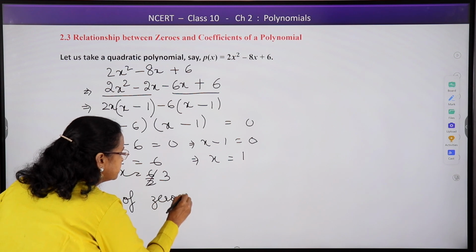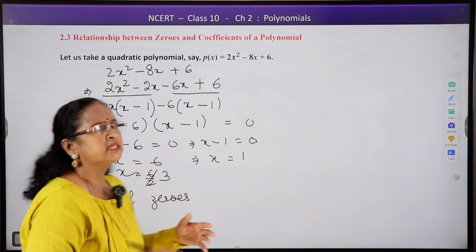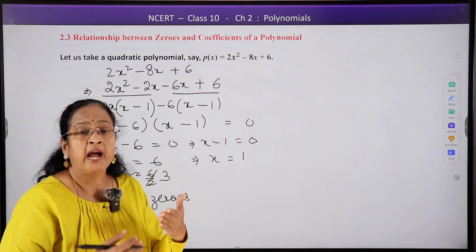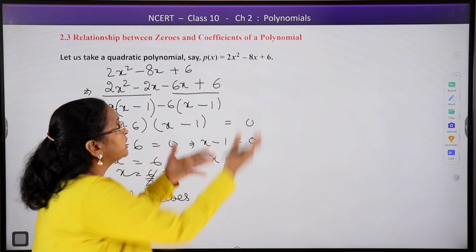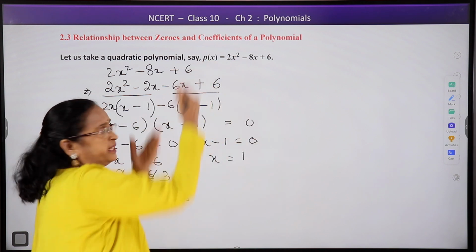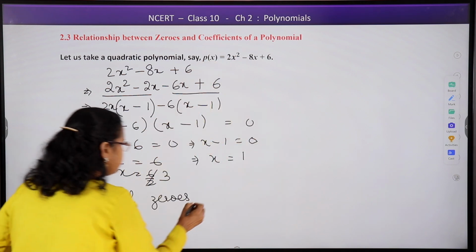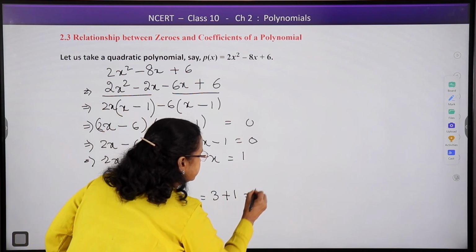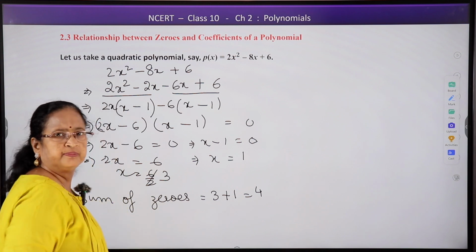Relationship means sum and product. These are the two things we find out, and see how it is related to the coefficients given in the question. Sum of zeros is 3 plus 1, that is 4.